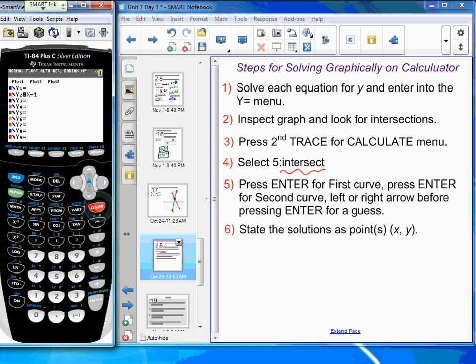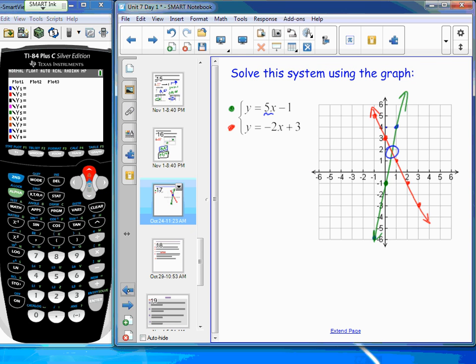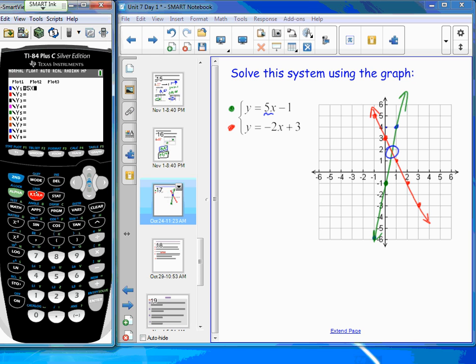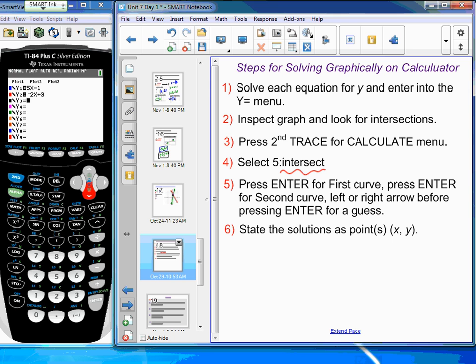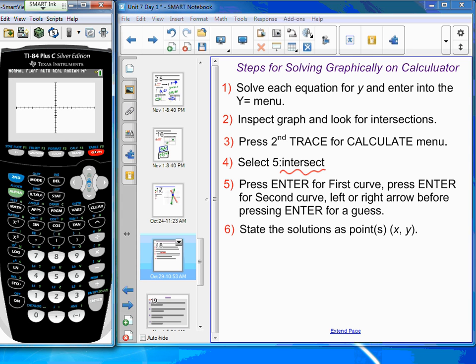So in our y equals menu, we're going to enter 5x minus 1 and negative 2x plus 3. Then we're going to inspect the graph and look for intersections. So I'll go ahead and press graph. I'm looking for intersections.